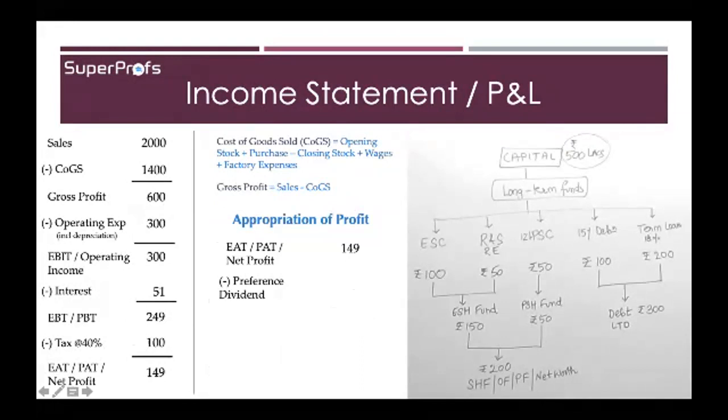So 12% of 50 lakh rupees comes to 6 lakh, because for preference shares, debentures or term loans, how much you have to pay is fixed right at the time of sourcing. So that's clear.